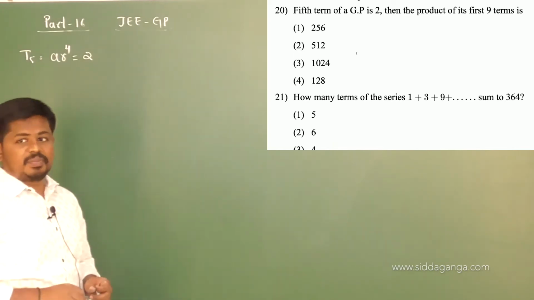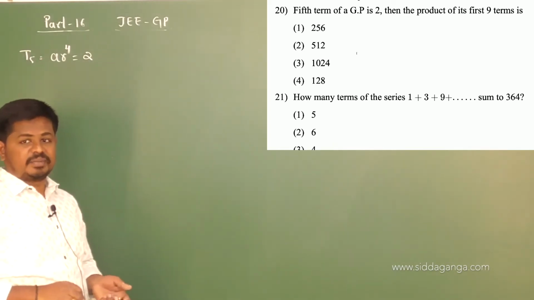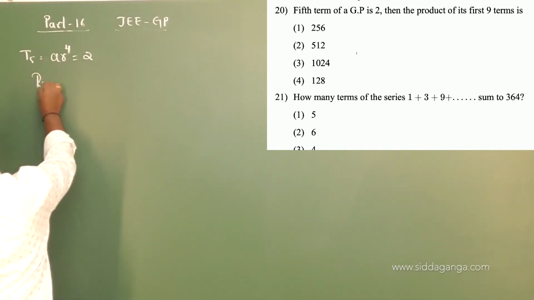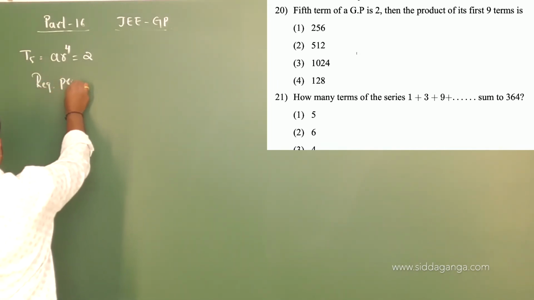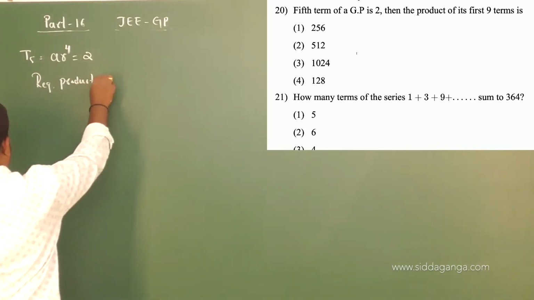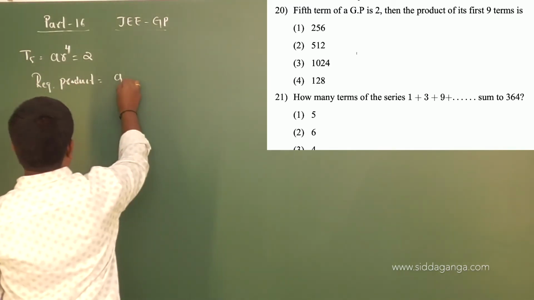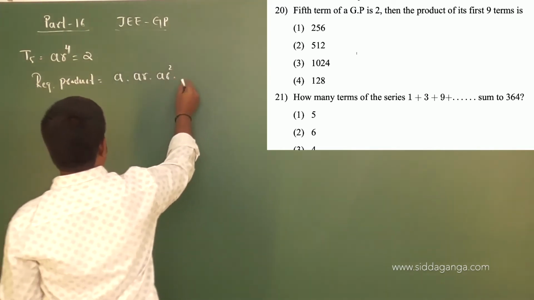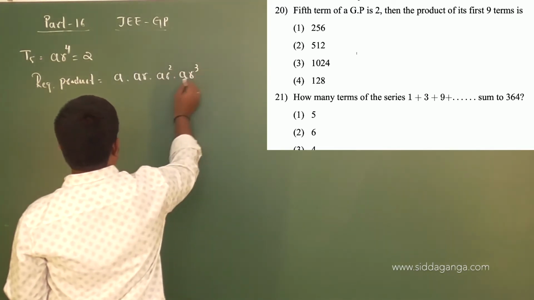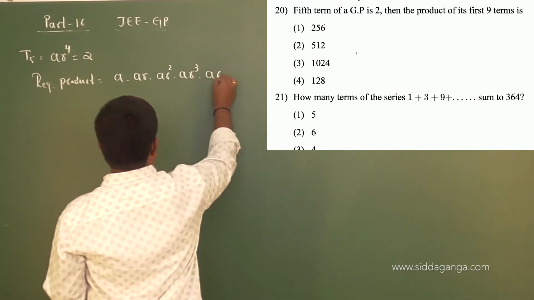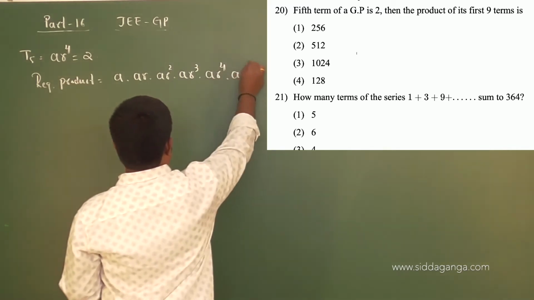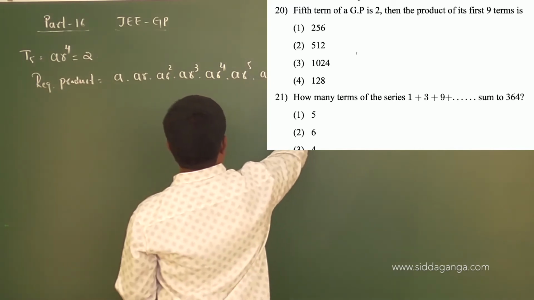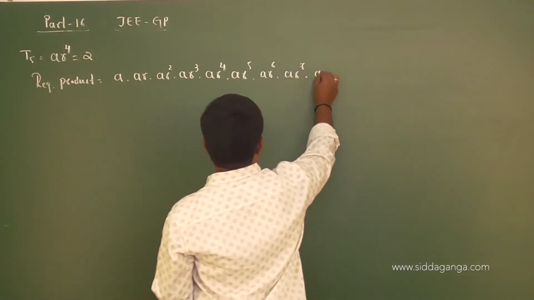Okay. Then what is the product of first 9 terms of the given series? You mean the required product is what? Product of first 9 terms. You mean A into AR into AR square into AR cube, 4, 5, power of 6, power of 7, so power of 8.